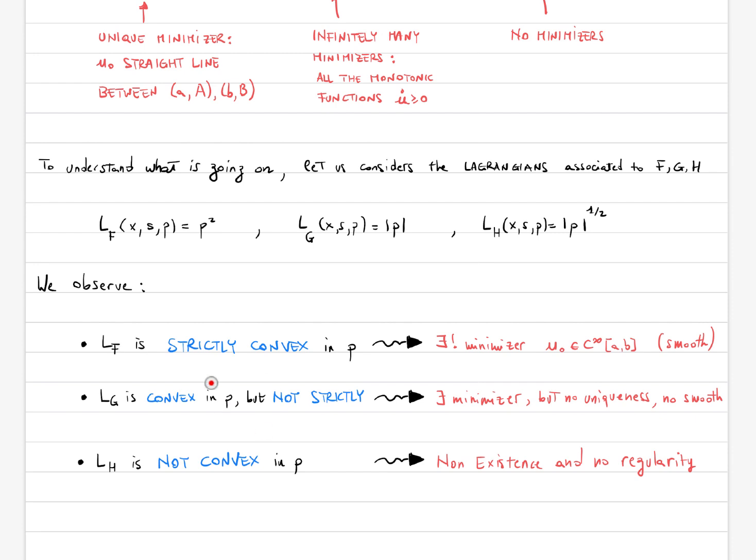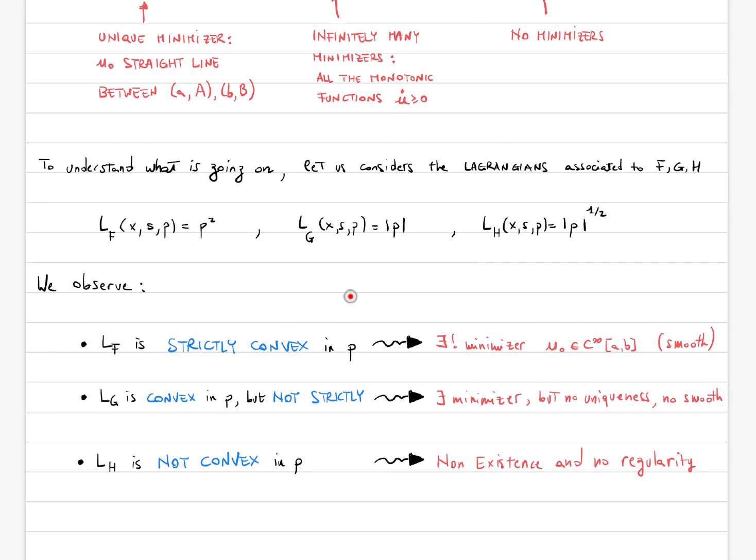In these three cases, you will have behaviors which resemble the behaviors that we saw in these three examples: existence and uniqueness with smoothness, existence but not necessarily uniqueness and smoothness, and finally non-existence at all. But you're always able to find somehow a sequence which converges to the infimum. And obviously, since you have non-existence, you have also no regularity.